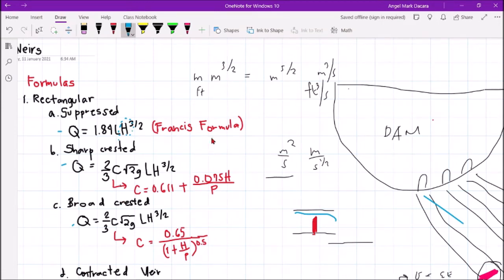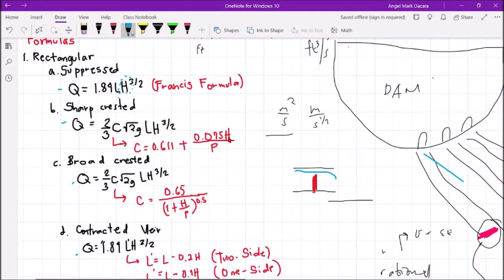Pero pag sinabi sharp crested, pero still use Francis formula, walang problema. Pag sinabi naman broad crested, ganito siya. Hindi siya matalim, kasi mahaba, broad. Malapad yung weir mo. Pero pag tinignan mo siya sa front view, either sharp or broad, ito yung channel, ang itsura niya ay ganito pa rin, rectangle pa rin.